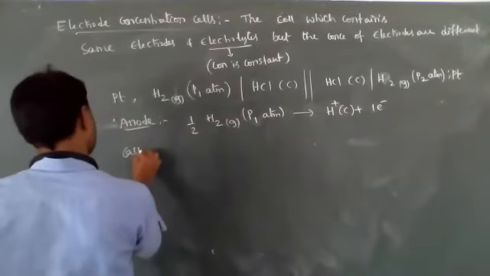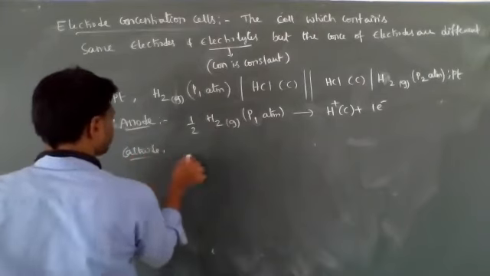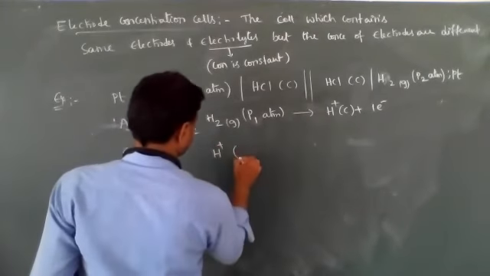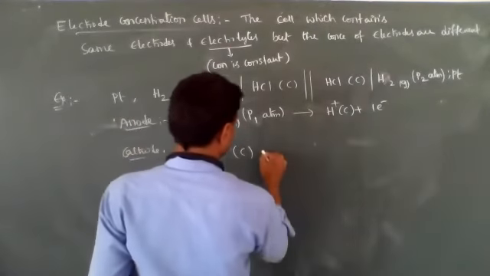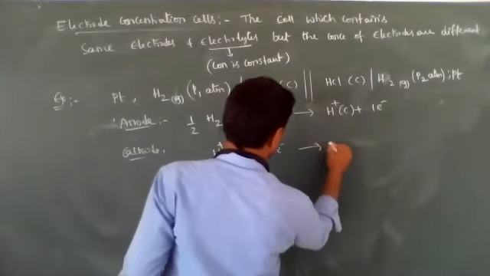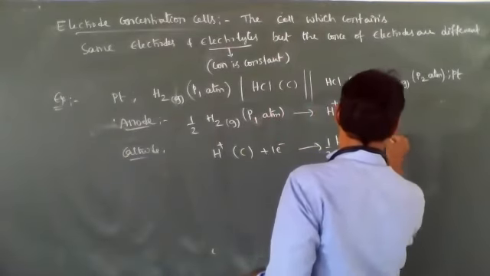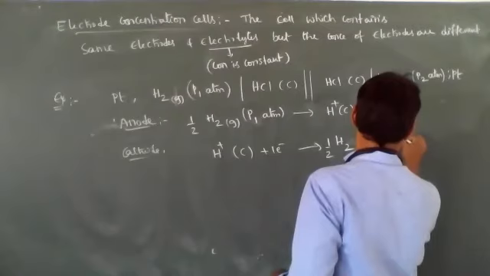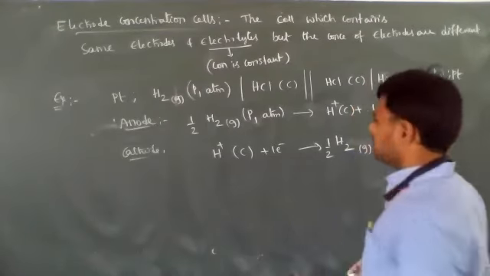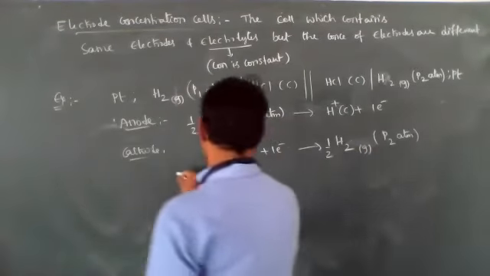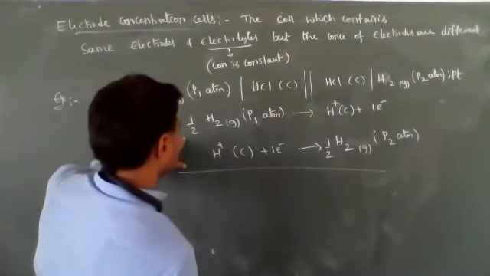At cathode, reduction will take place. H+, its concentration is C, accepts one electron and forms H2 gas. Its pressure is P2 atmospheres. This is reduction.